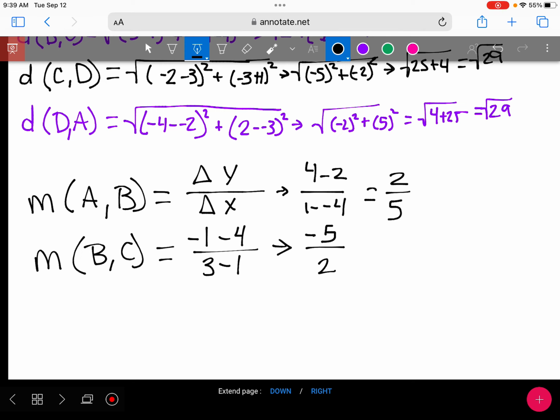How many slopes? So you get all of CD. All right, find the slope of CD.